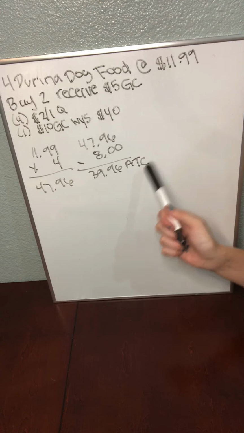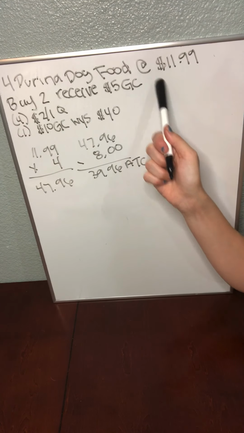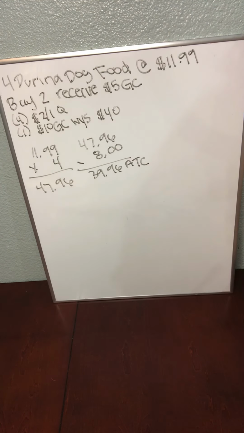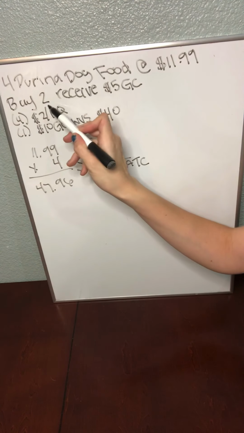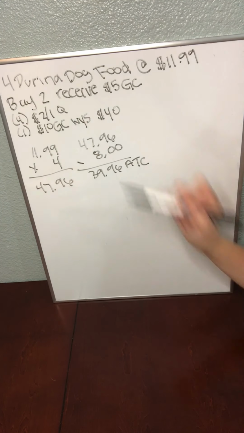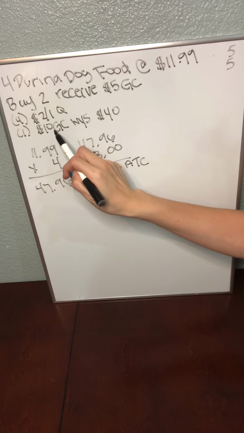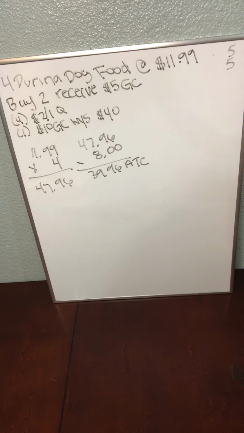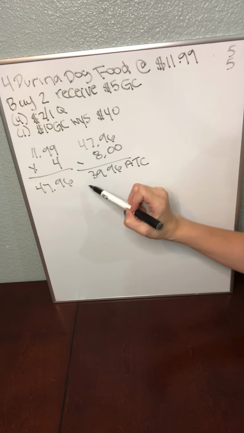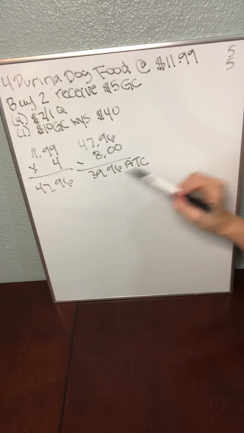Now, because of this scenario here, we're going to be receiving a lot of gift cards. So buy 2, receive a $5 gift card. We bought 4, so we're going to be receiving 2 of them. And we also have a $10 gift card when you spend $40. Now I know some people are like, well, we're 4 cents shy of that. No, we're not.